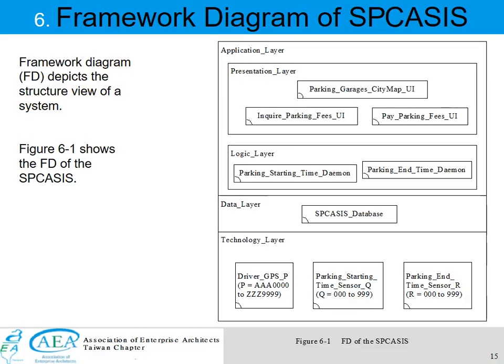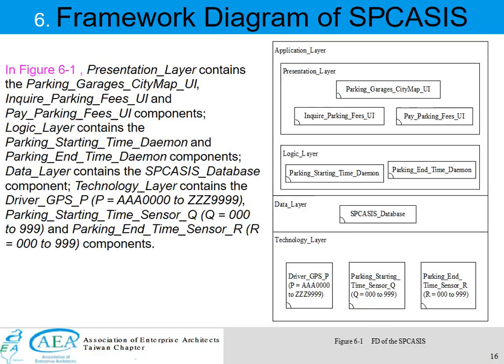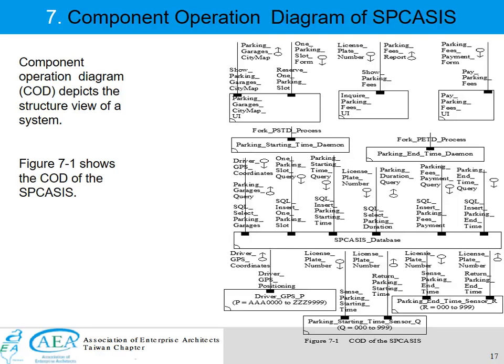Chapter 6. Framework diagram of SP cases. Framework diagram FD depicts the structural view of a system. In Figure 6-1, we have application layer, data layer, and technology layer, where each layer consists of several components. Chapter 7.